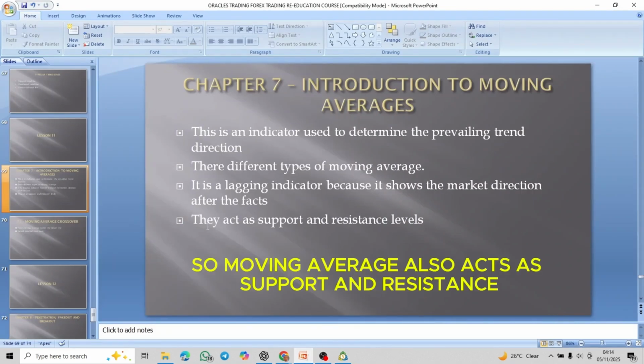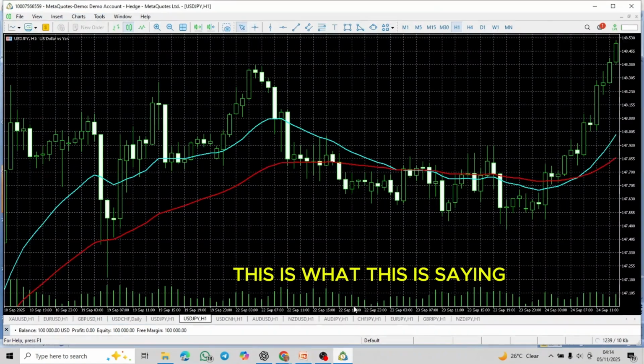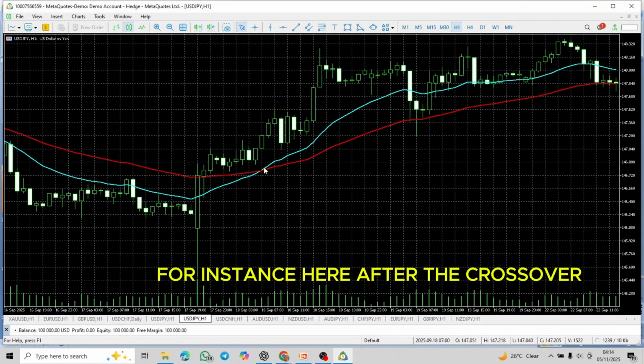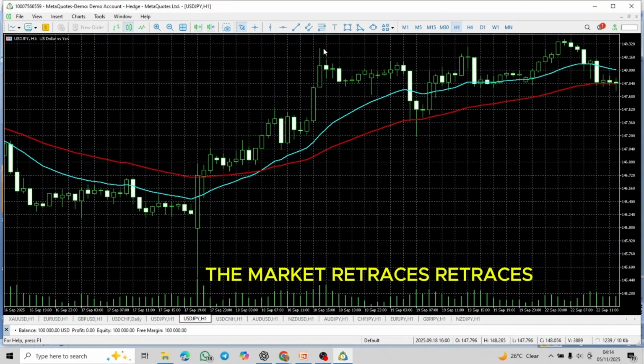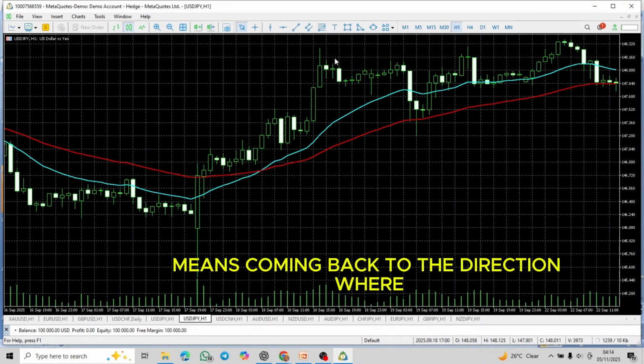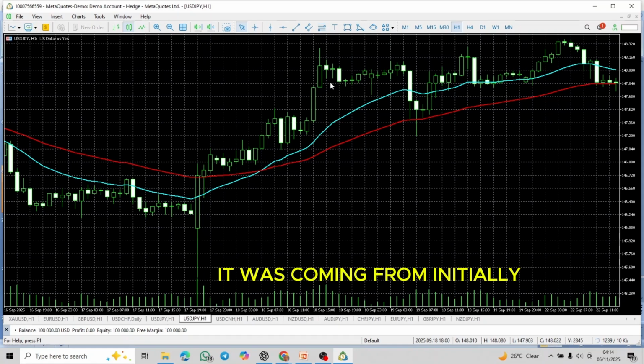Moving average also acts as support and resistance. This is what this is saying. For instance, here after the crossover, the market retraces. Retraces means coming back to the direction where it was coming from initially.